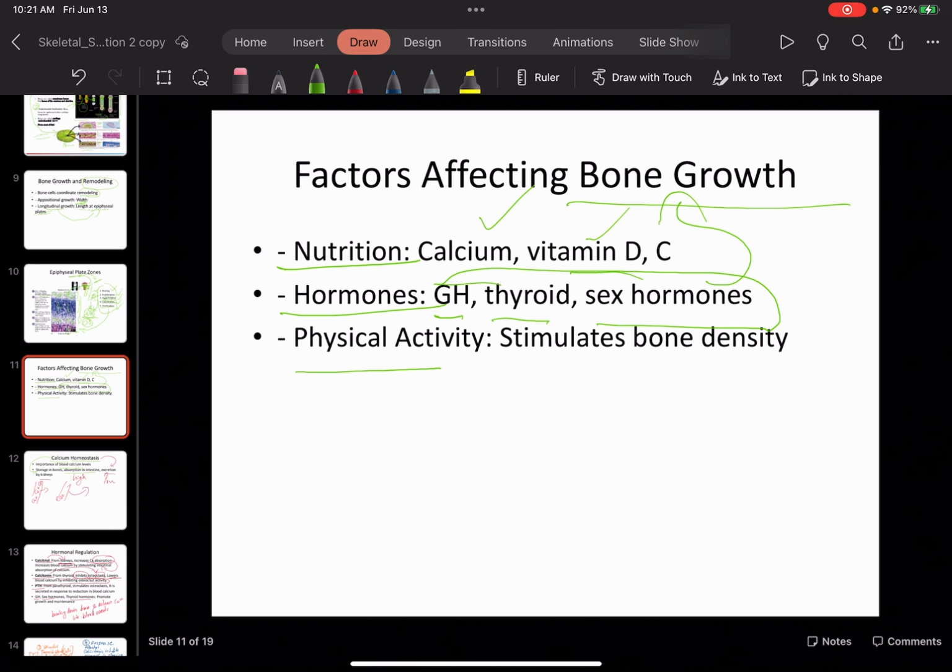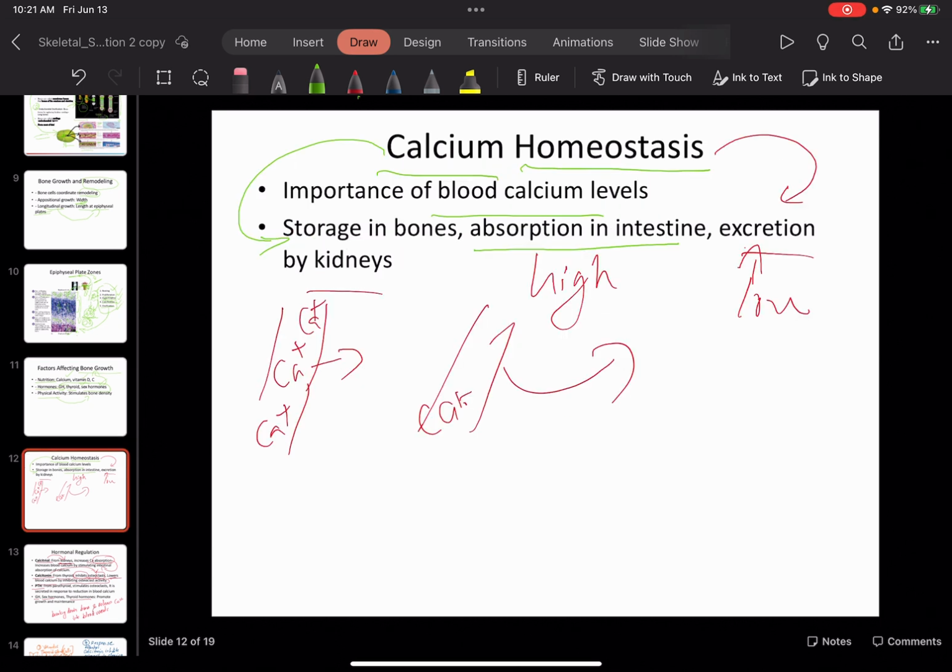Hormones like growth hormone, thyroid, and sex hormones are very important for bone growth. Physical activity stimulates bone density throughout your life. Never stop. Do physical activity so that you build better bone.